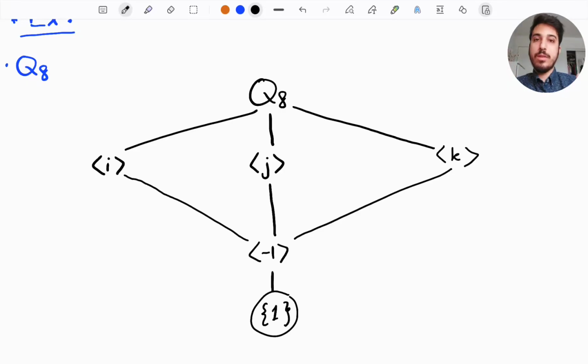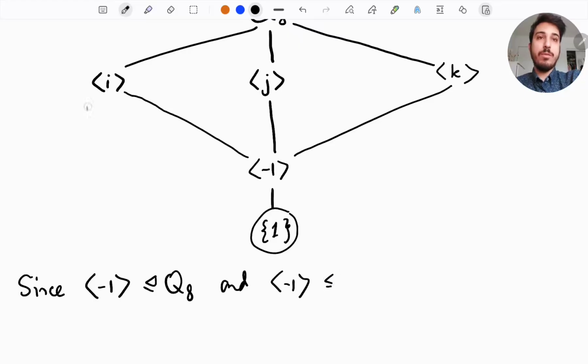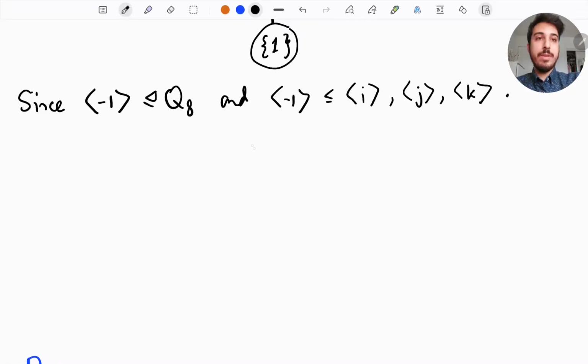So we will use the theorem now to construct the lattice of Q8 when we take the quotient with -1. Since the subgroup generated by -1 is a normal subgroup in Q8, and -1 is contained in all three subgroups I, J, and K, we can construct the lattice of the subgroups of Q8 quotient with -1.